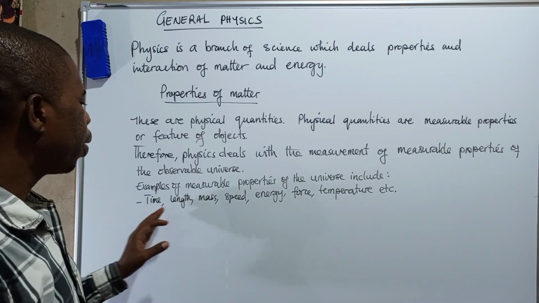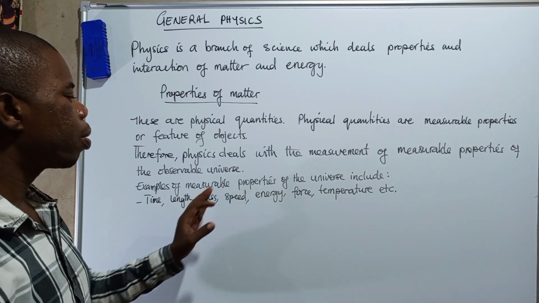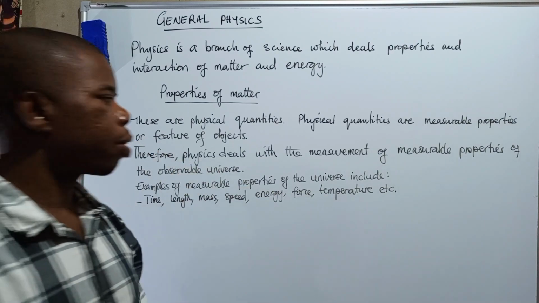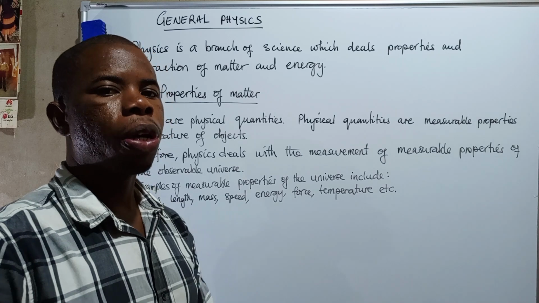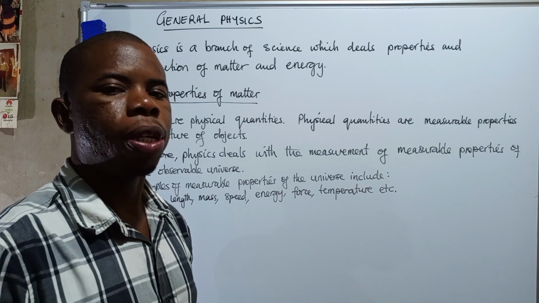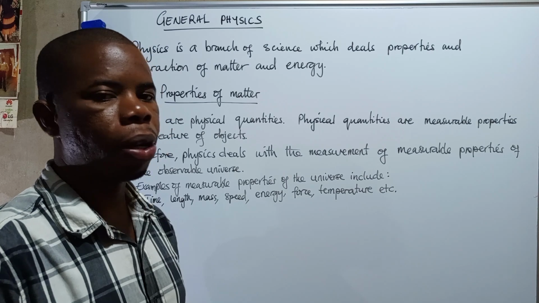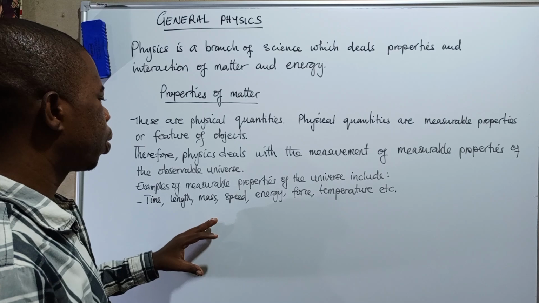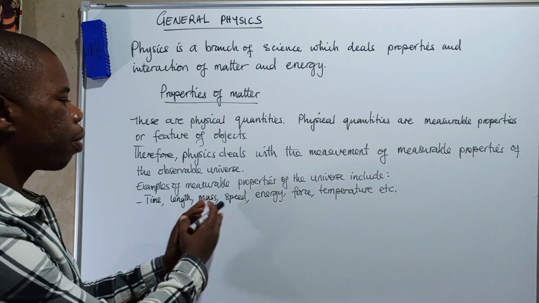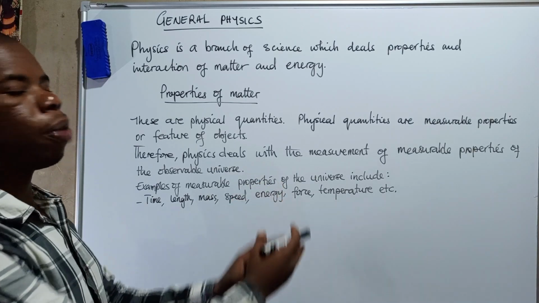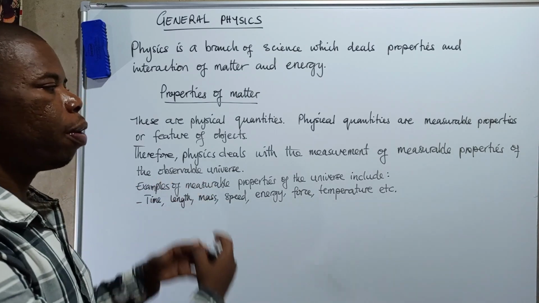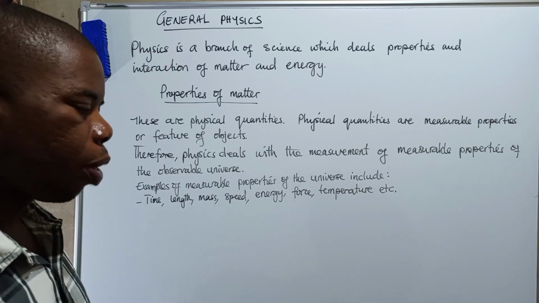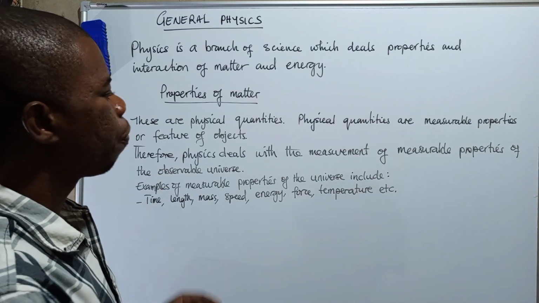When we are studying physics, these are the things mostly we measure for us to understand the universe very well. So that's what physics is all about. We measure time, length, mass, speed, energy, force, temperature, etc. These are the measurable properties of the universe that we look at whenever we are dealing with physics.